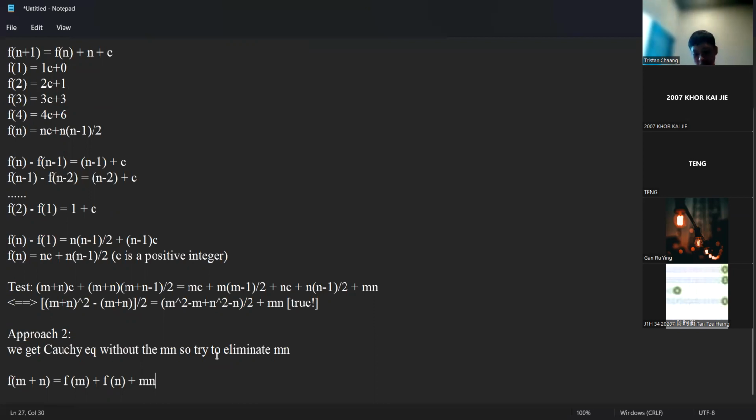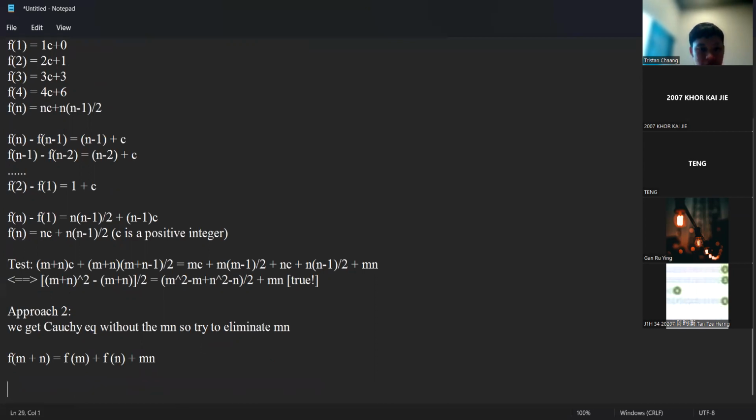So how do you suddenly spawn an mn out of nowhere? Can we have something like f(x) minus something? If you notice, this thing squared, you get m squared plus n squared plus 2mn, right?